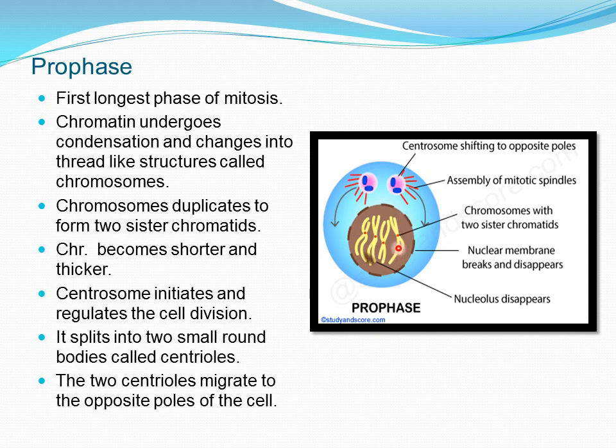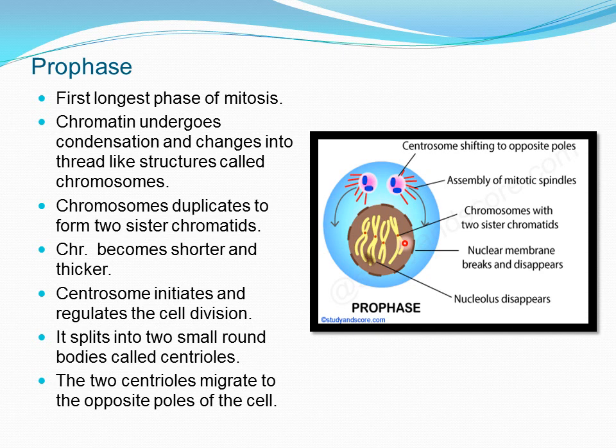Each chromosome duplicates into two sister chromatids, and these two sister chromatids lie close to each other, and they are attached at a central point which is called the centromere. They are actually attached at this point, the two sister chromatids.